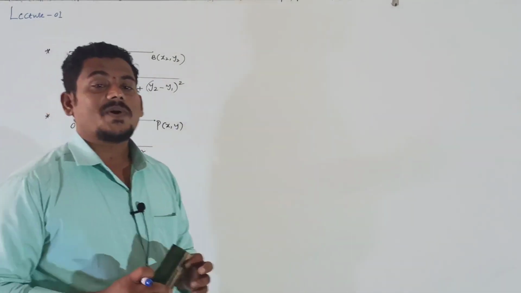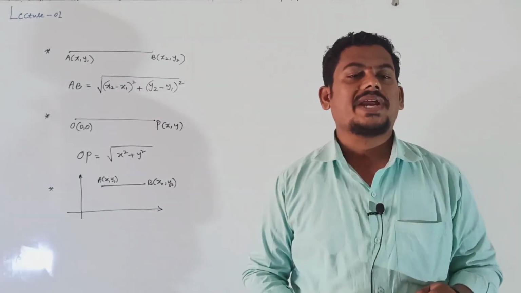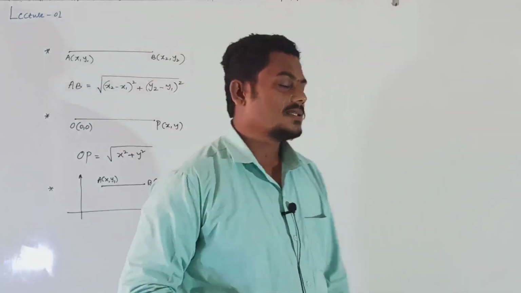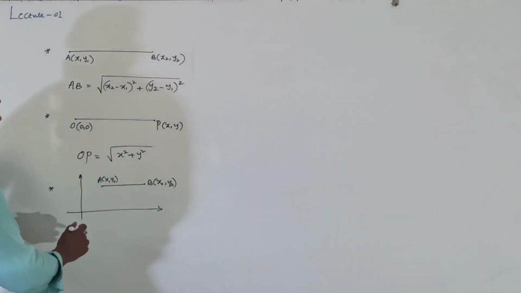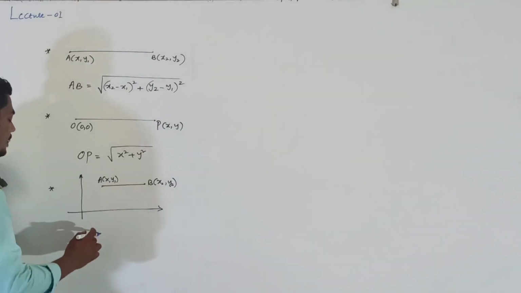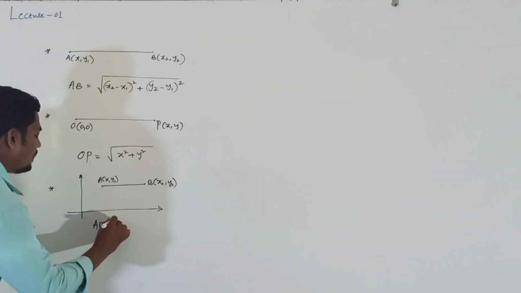When AB line is parallel to x axis, then what is distance between A and B?